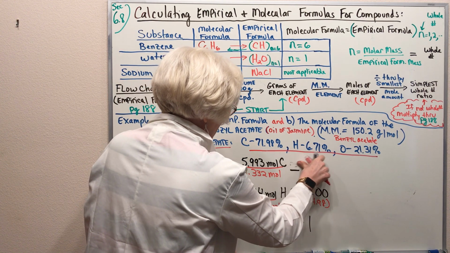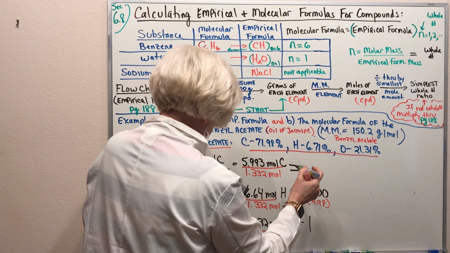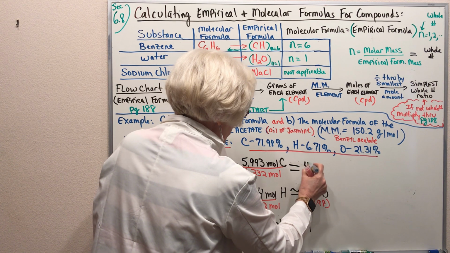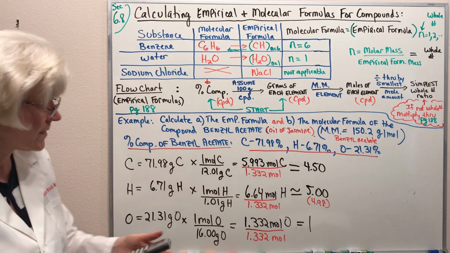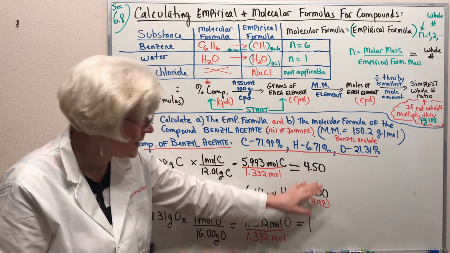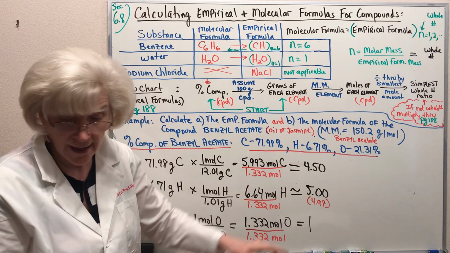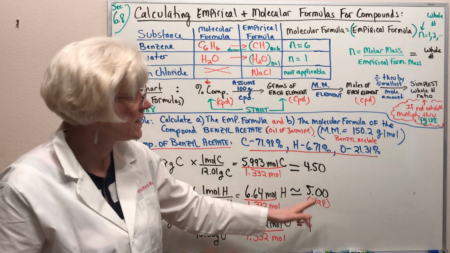In fact, what I have, and let's give it to 3 significant figures, is 4.50. So, I was hoping to have a whole number ratio. I still don't, but I see what I can do here to create it.